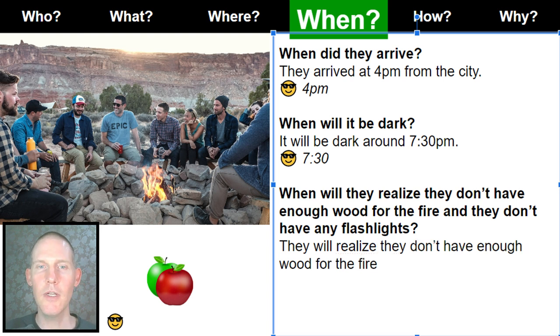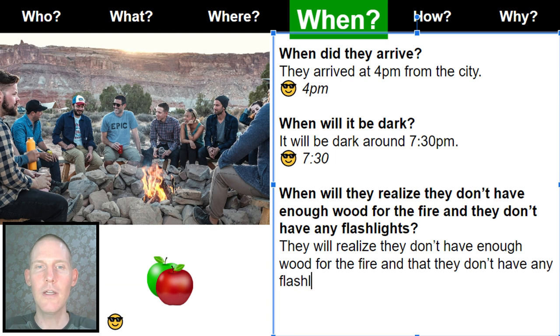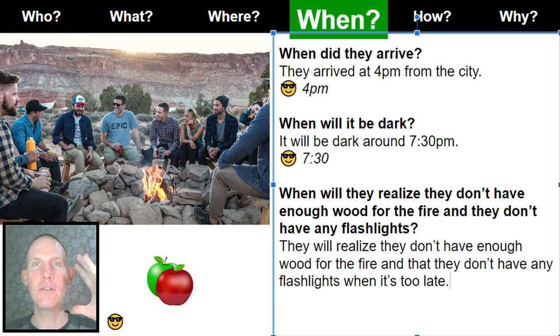They will realize they don't have enough wood for the fire and that they don't have any flashlights when it's too late. And too late is like it's already dark, right? So the campfire is gonna go out and they'll be like, oh, hey, put some more wood on top. And they'll be like, there's no wood. Okay, no worries, go get the flashlight. Nobody has a flashlight, and then it'll be too late. It'll already be super dark.